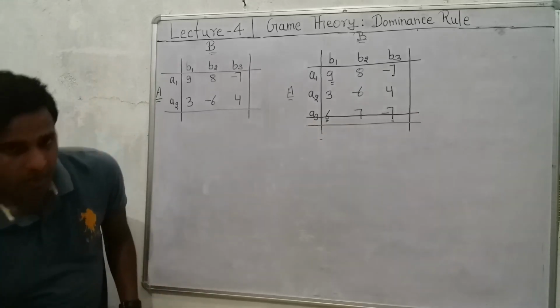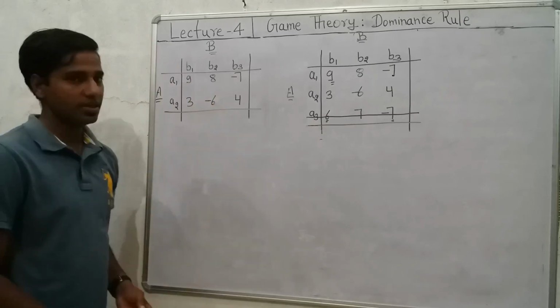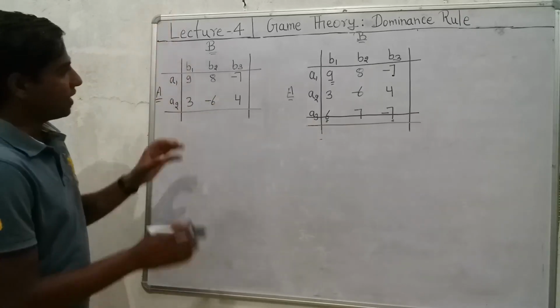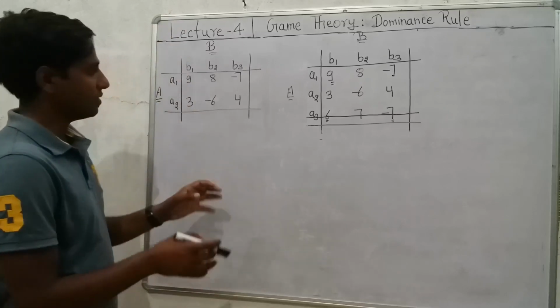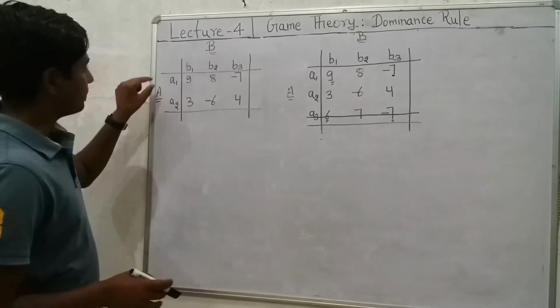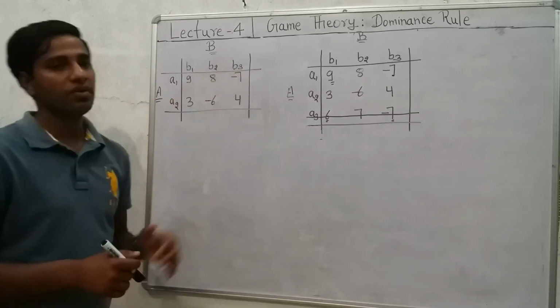Now look carefully at the elements of this payoff matrix and find out if a strategy is dominating over another strategy, and we have to check the dominating strategy from the angle of A as well as from the angle of B.